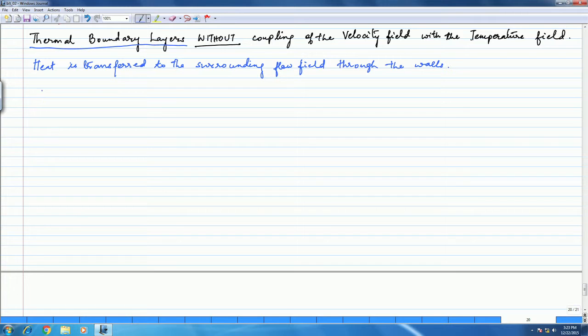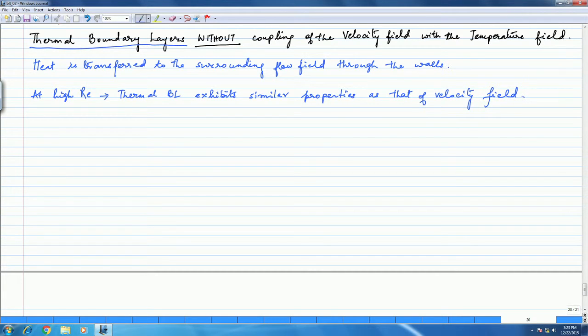At high Reynolds number, the thermal boundary layer exhibits similar properties as that of the velocity field, right.